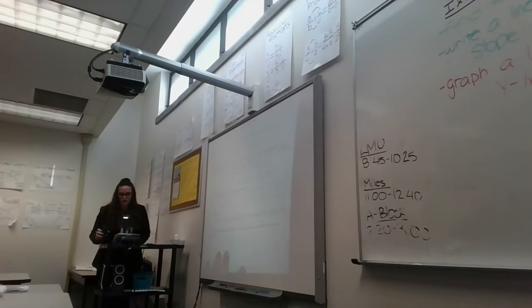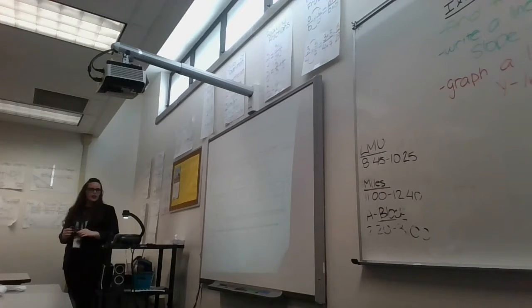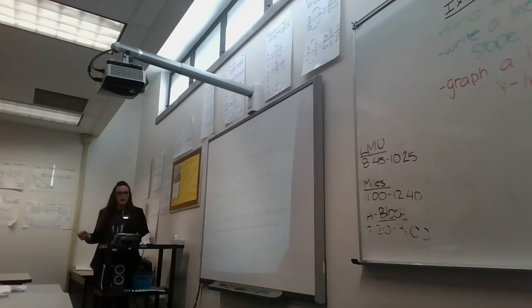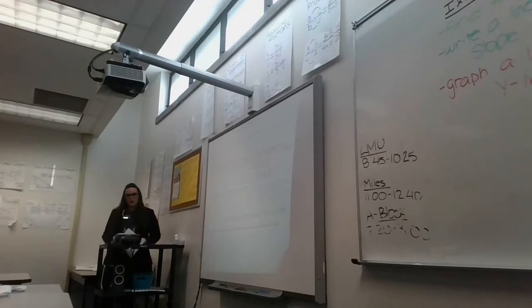All right, I want everyone to take 30 seconds. My far row, you guys are going to find when t is 1. My middle row, you guys are going to find when t is 2. And this row, you guys are going to find when t is equal to 7. Take 30 seconds.